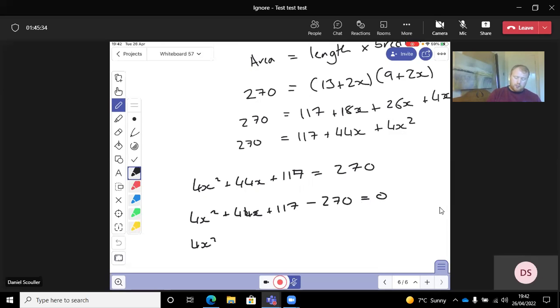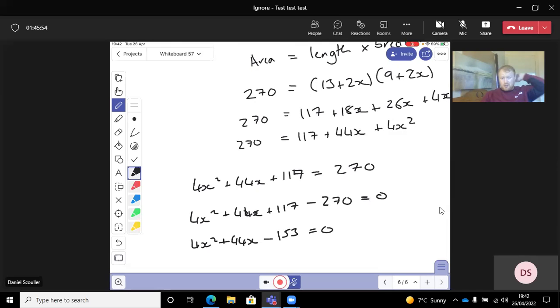And I just tidy it up until I get 0 on the right hand side. That is minus 117 minus 270, minus 153.